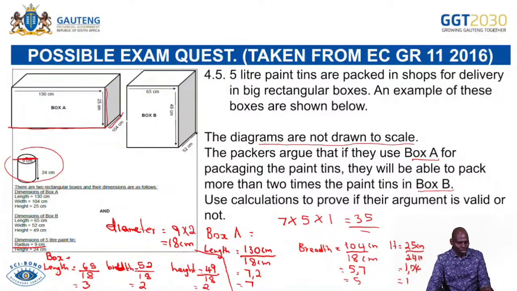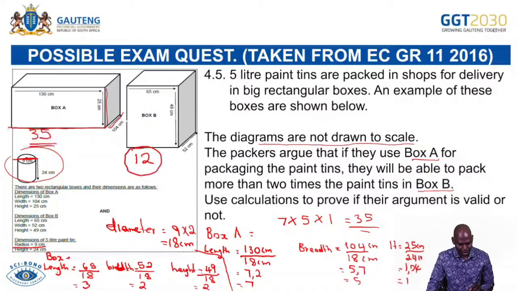So what does this mean? It means box B is going to be 3 times 2 times 2. So 3 times 2 is 6, 6 times 2 is 12. So this one can take 12, and this one can take 35.